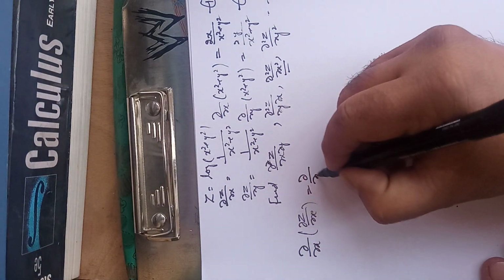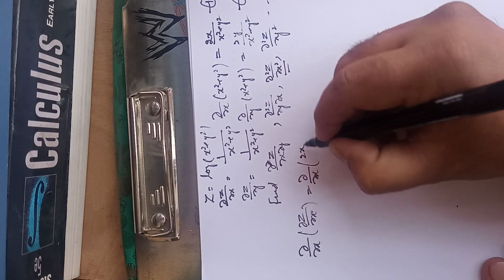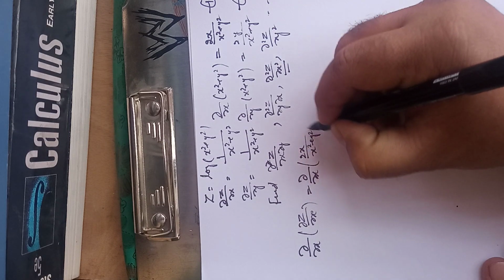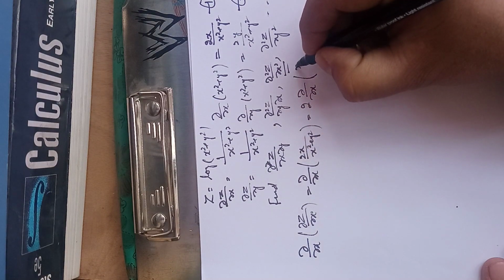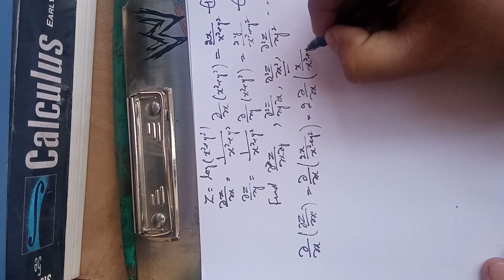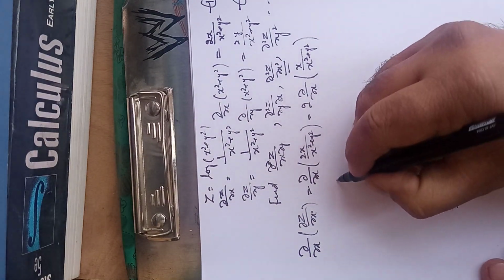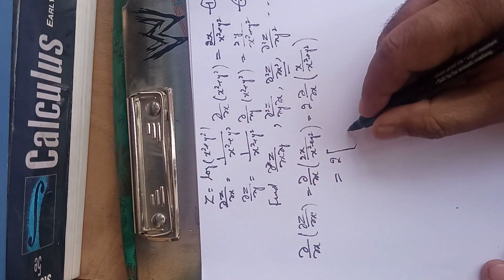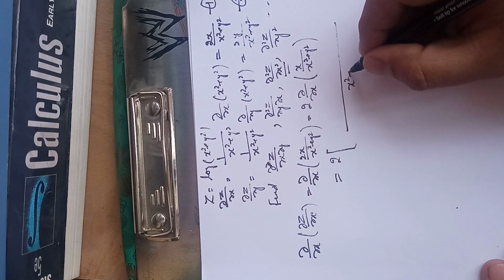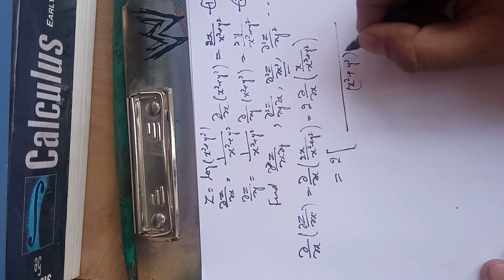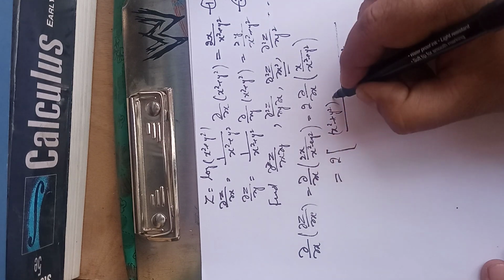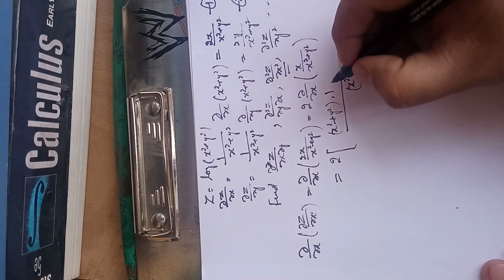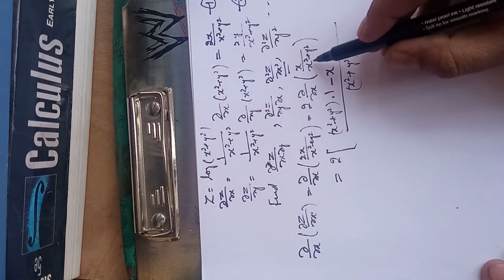This is del by del x of 2x upon x square plus y square, which is 2 times del by del x of x upon x square plus y square. Now this is u by v form: x square plus y square whole square in the denominator. Then x square plus y square as it is, the derivative of x is 1 because you are differentiating with respect to x, minus x as it is, the derivative of x square plus y square with respect to x, which is 2x.